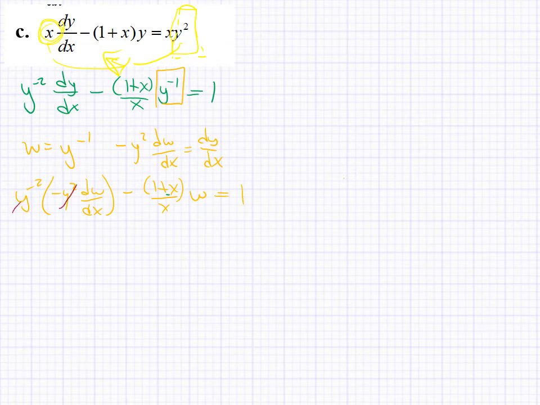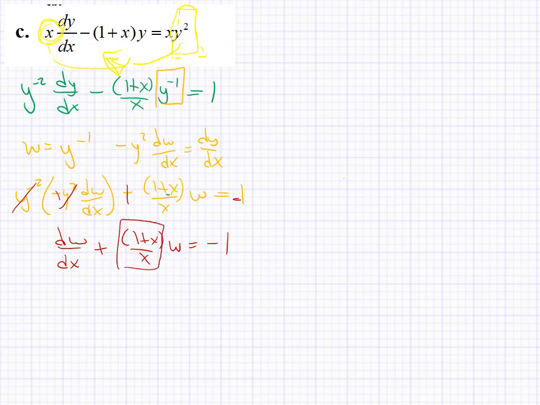So this and this will cancel. We'll move this negative through, so this becomes a plus, this becomes a minus, and so we get dw dx plus 1 plus x over x, w equals negative 1.